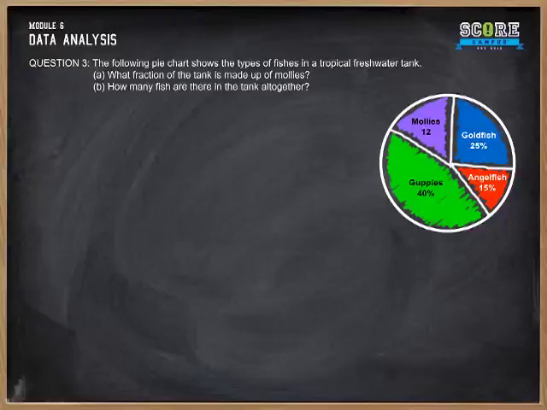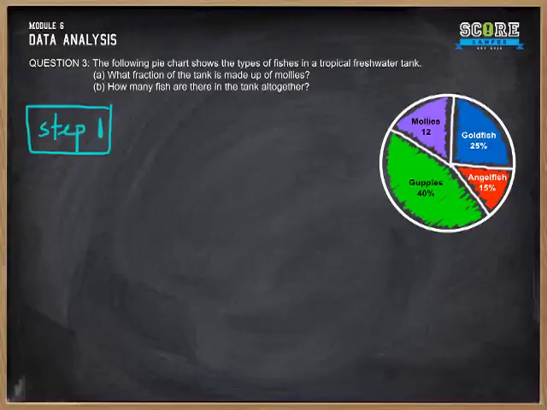Okay, you can see in the figures there are a combination of whole numbers and percentage. However, part A of the question asks you for a fraction. So we know that the pie represents one whole, which also equals to 100%. So now we can find the percentage and thus the fraction that is made up of mollies. Let's first find out the percentage that is made up of mollies, okay?